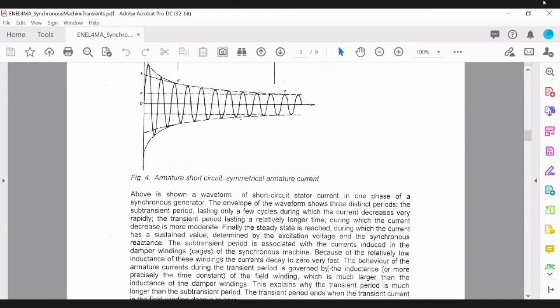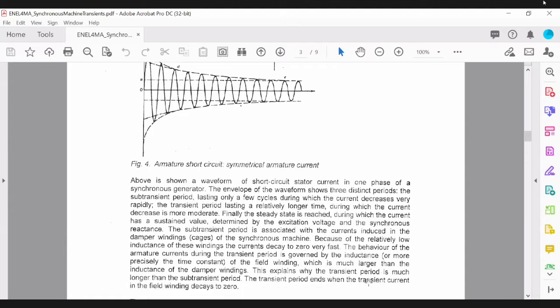So the behavior of armature current during the transient period is governed by the inductance, or more precisely the time constant, of the field winding, which is much larger than that of the damper winding. Okay, so this explains why the transient period is much longer than the subtransient period.